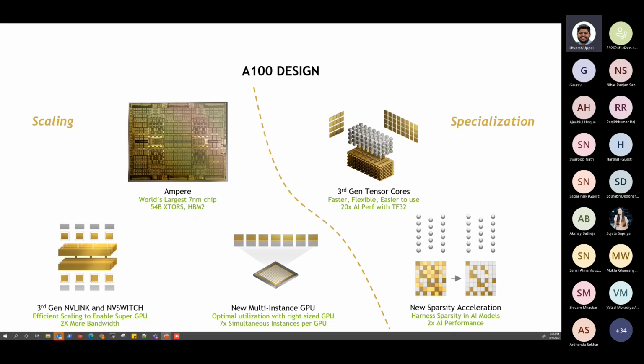Then the other feature in the A100 design is the third generation tensor cores. We have different CUDA cores and different tensor cores for your tensor operations, for different types of floating point precision. Here we have introduced a new standard which we call TensorFloat-32. TF32 follows the range of FP32, but the precision part follows FP16, so it's a combination of both.